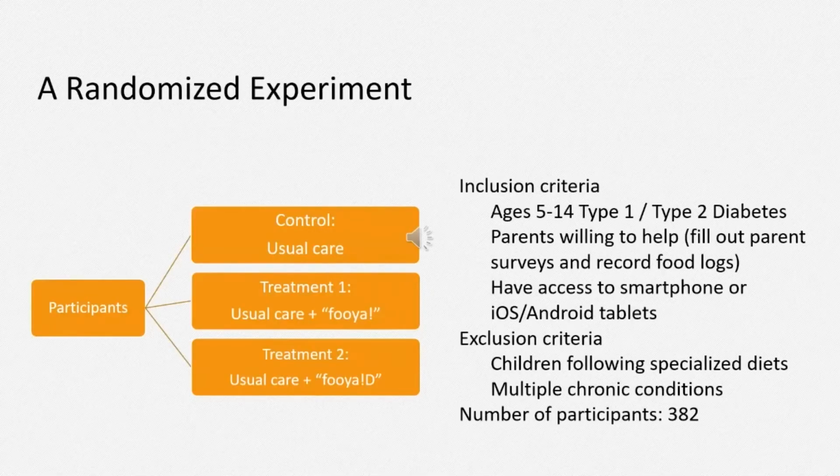So this randomized controlled trial is going to be administered to children that present to the clinic at BHS Hospital. These patients are either type 1 or type 2 diabetes patients, and after informed consent and assent, are included based on whether their parents are willing to help in filling out these forms and questionnaires.